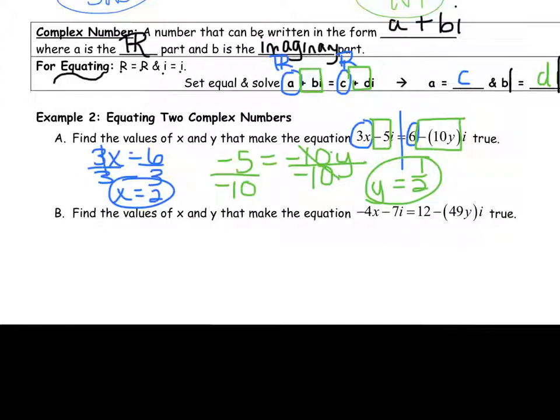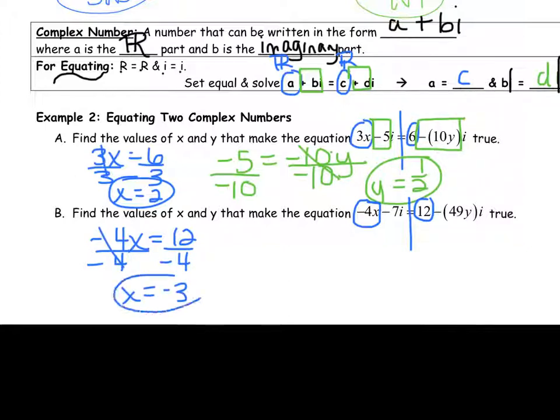Same thing will happen in example B. We will take the real parts, -4x, set it equal to the real part on the other side of the equal sign, which is just 12. When we divide both sides by -4, we come out with x equals -3. Now for the imaginary parts.